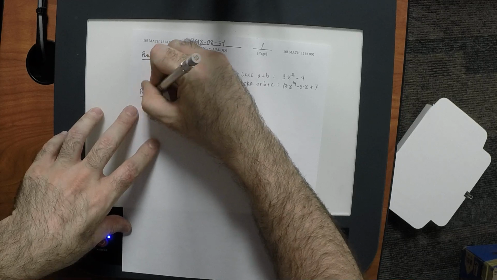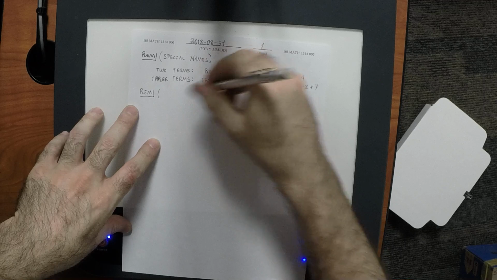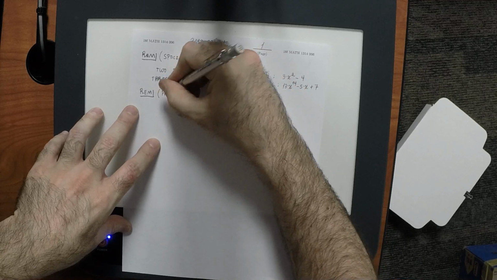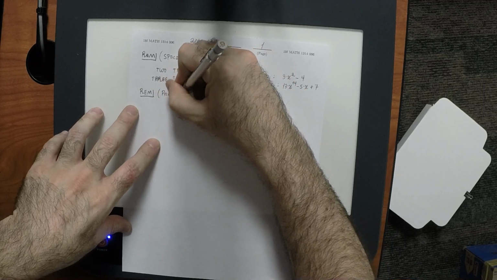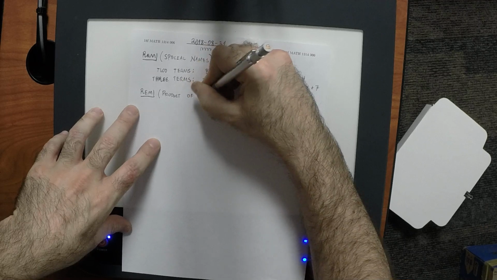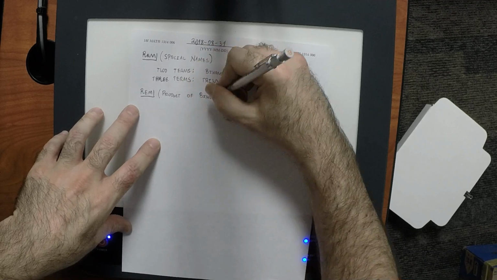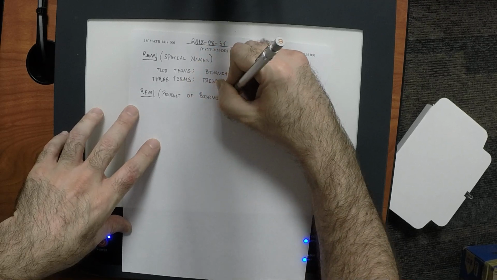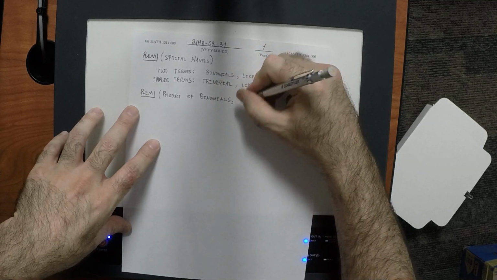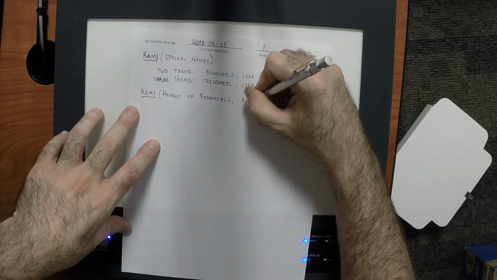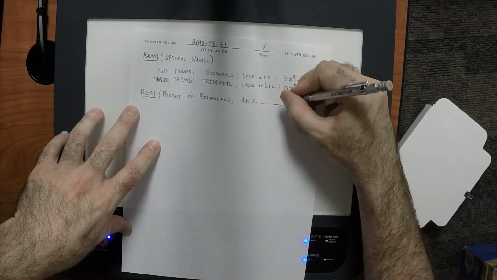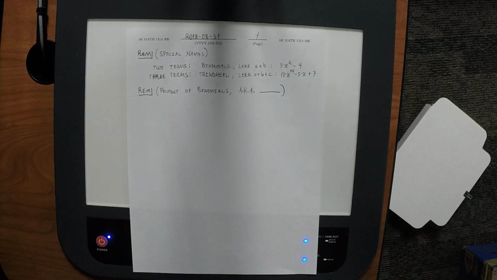So now we're going to come up with a nice formula for the product of binomials. Product of binomials, and then I'll say AKA for also known as, and then I'll leave a blank here because you probably already know this name.